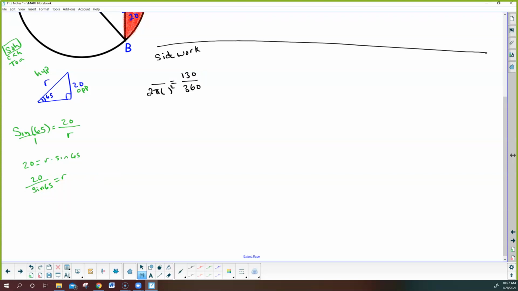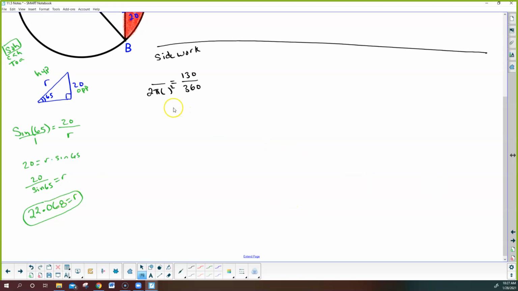But if you share it with a friend or a sibling, double check, hit the mode button, make sure you're in degrees because we're doing sine of 65. Then do 20 divided by the sine of 65. On this one, we can round it to 3 decimal spots: 22.068. So double check your calculations. If you did this exactly and you didn't get this answer, that means you're in the wrong mode.